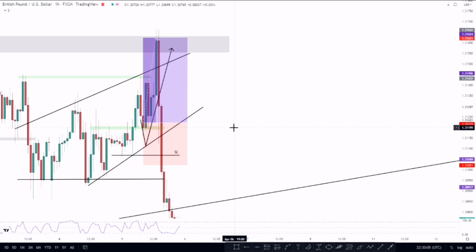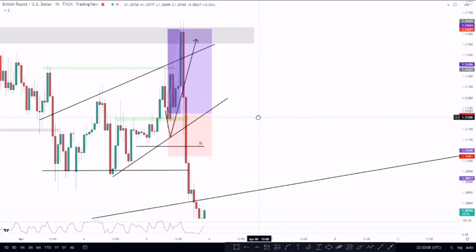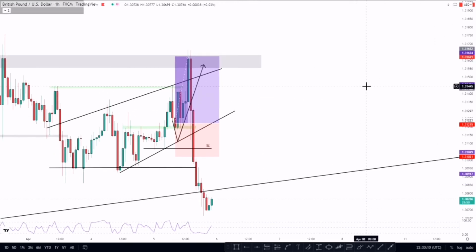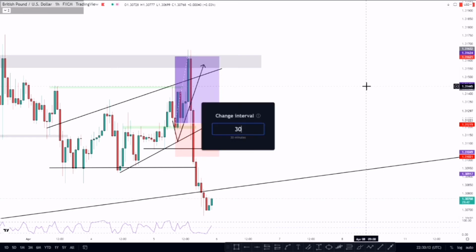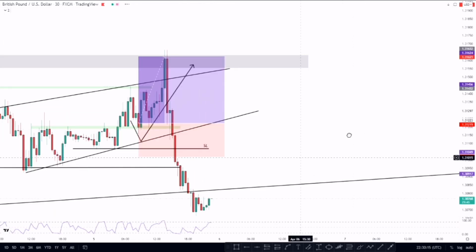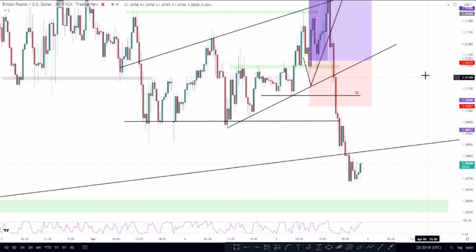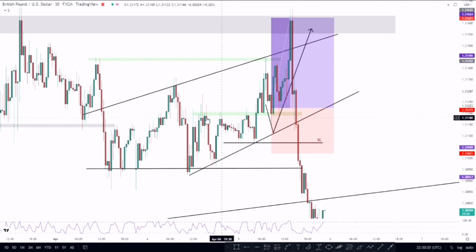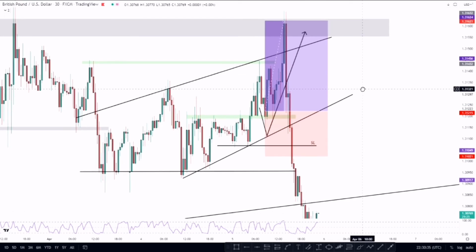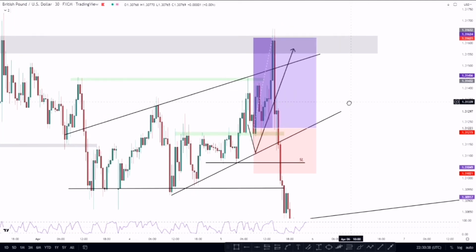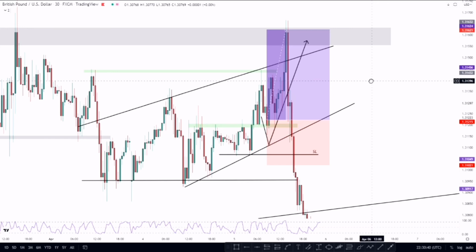But yeah guys, I just wanted to show you all this perfect setup. This is on the 1 hour. Let's just go one time frame down. So as you can see more clearly here, these things that I'm talking about, previous level of resistance turned to support, and that's what we can use to our favor to make some profit off this setup. And yeah, it just played out in our favor.